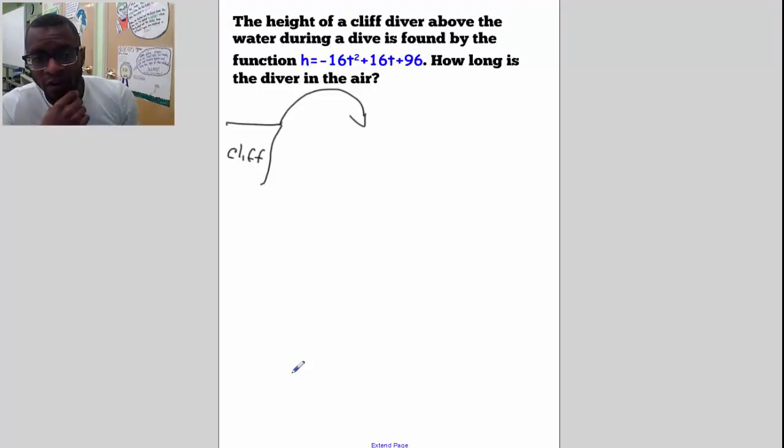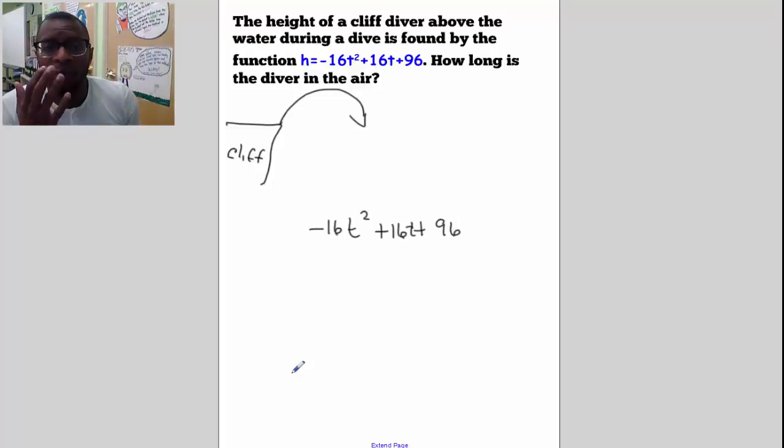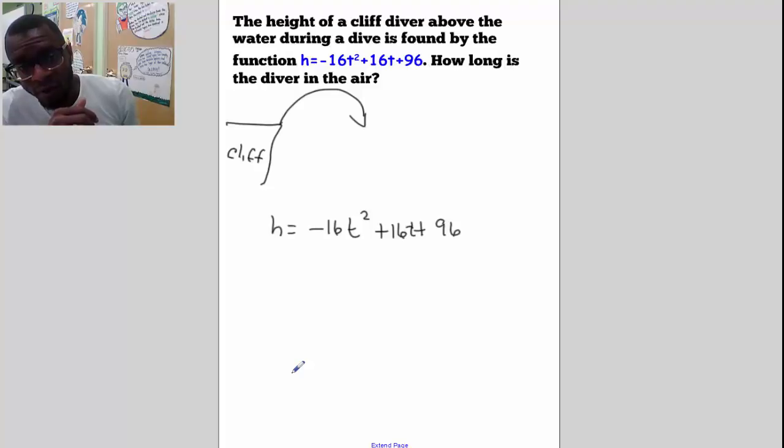So we have our function -16t squared plus 16t plus 96, and that is equal to h, and we want to find out how long he was in the air. So the time he was in the air would be between the time that he jumped off the cliff, so this position, and the time he lands wherever he lands, if it's water or otherwise.